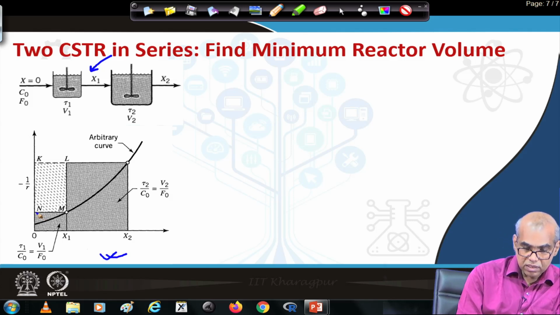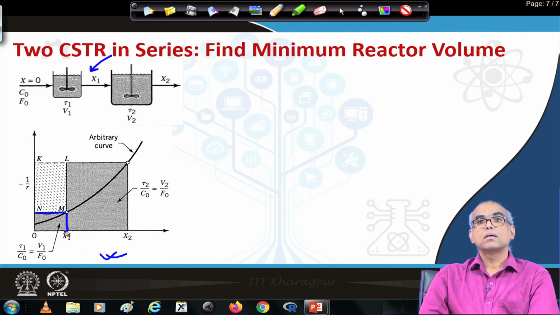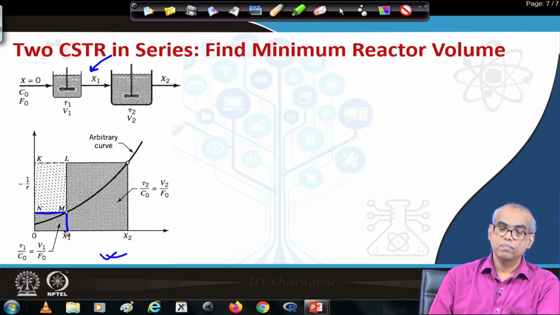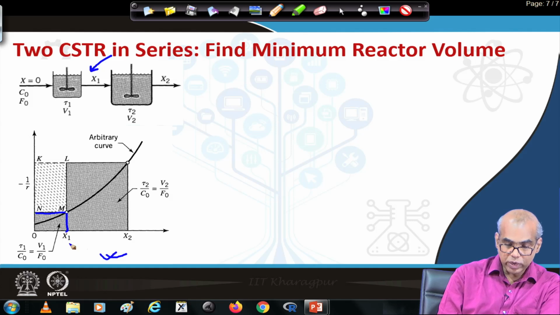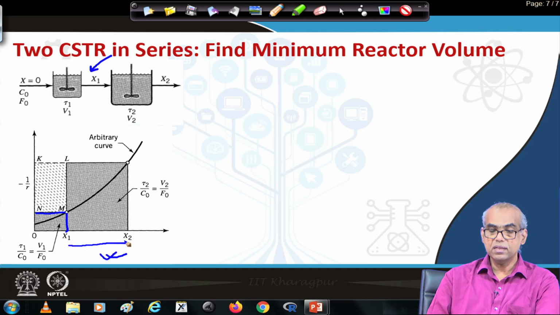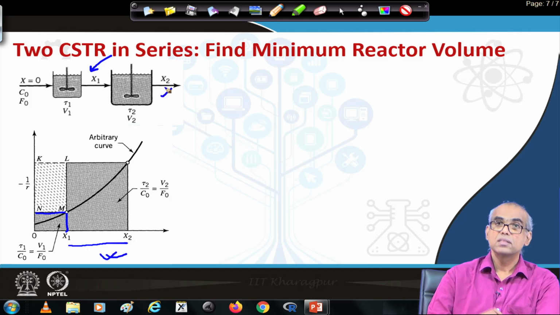So, this rectangle is a measure of the volume of the first reactor, that is V1. So, from X1 to X2 is achieved in the second CSTR.